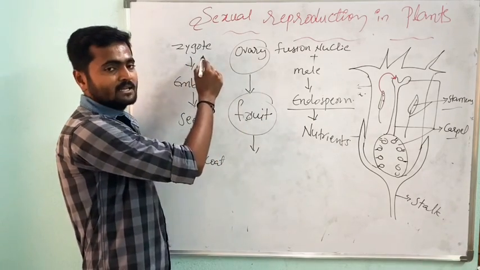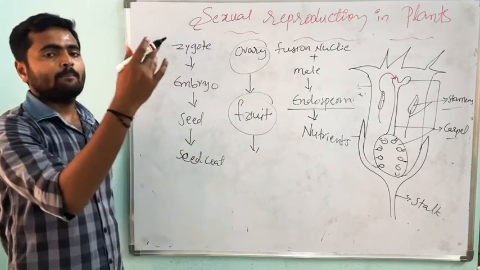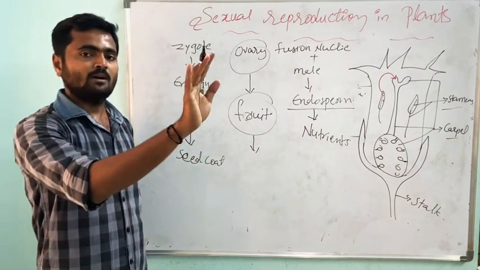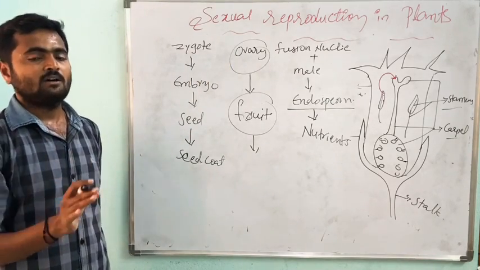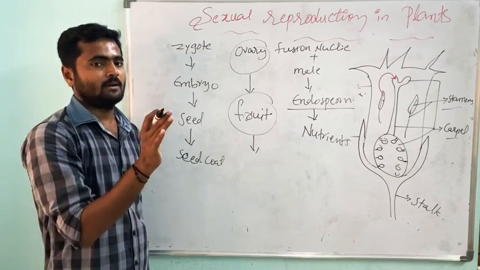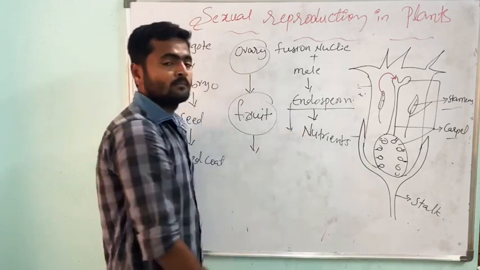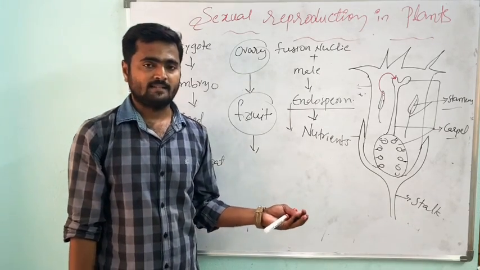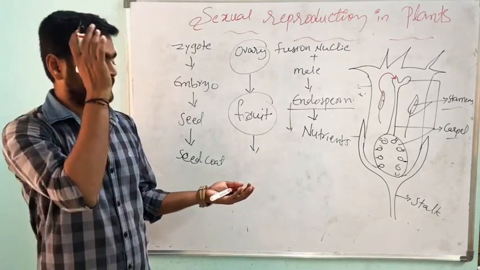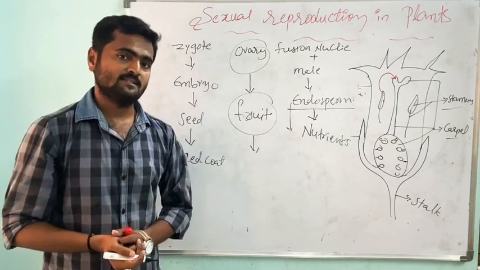But in some plants, like dicotyledon plants such as bean plants, the endosperm is completely utilized by the seeds.